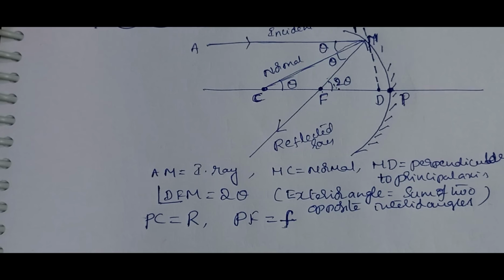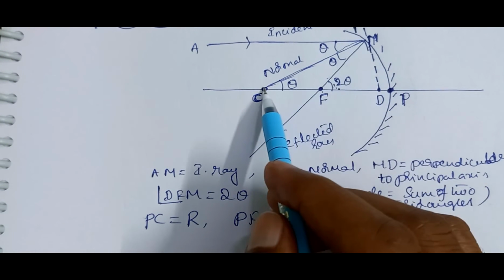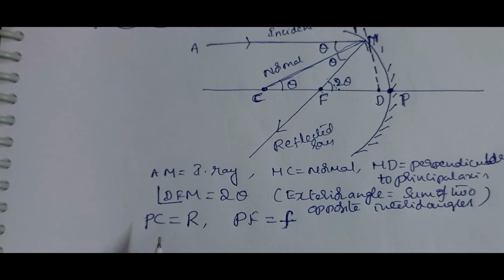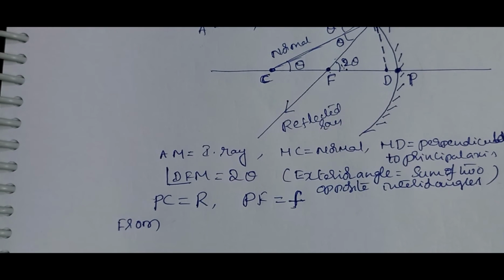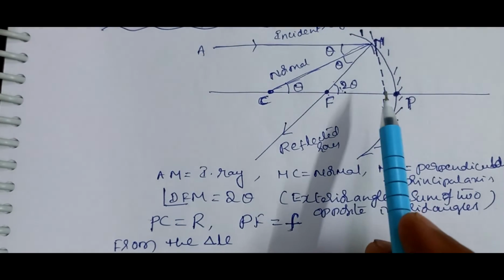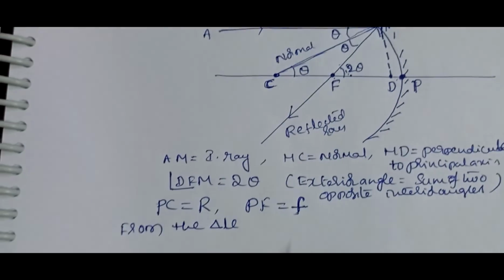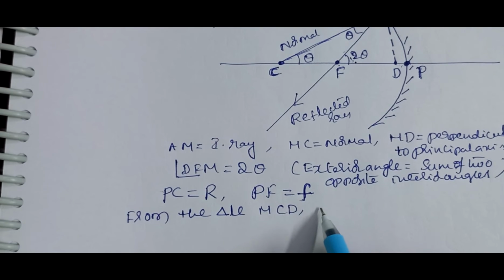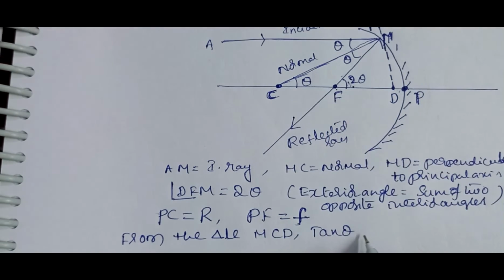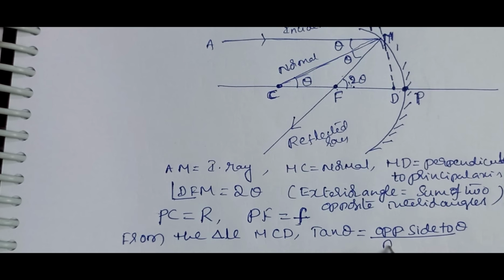Now we take the triangle MCD. From triangle MCD, tan theta equals, by the formula, the opposite side to theta by the adjacent side to theta.